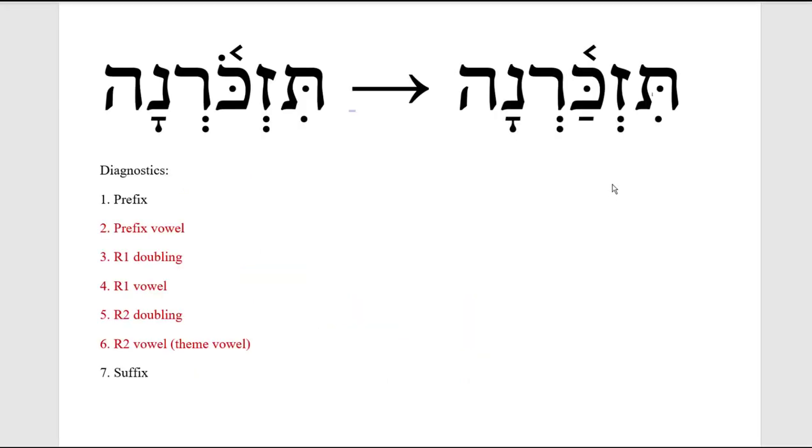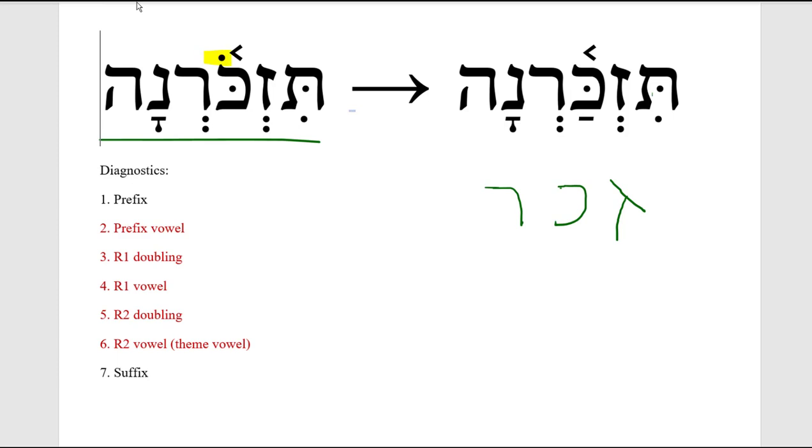Now, interestingly, the root zakar, so that's zayin, kaf, and resh, meaning to remember, this root is not a stative verb. And so we would expect it to look like this. And notice that we would expect the theme vowel here to be a holem.